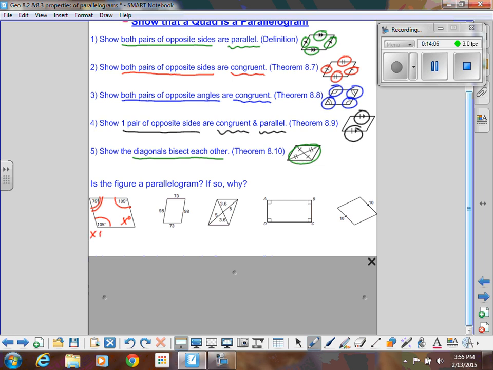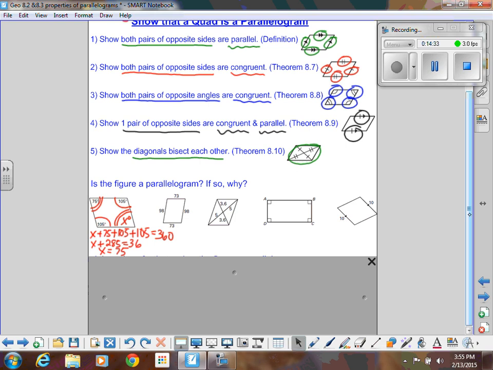So I could say x plus 75 plus 105 plus 105 should equal 360 degrees. If I add all those up, I get x plus 285 equals 360. So then x is equal to 75. So yes, that is also congruent to that opposite angle.